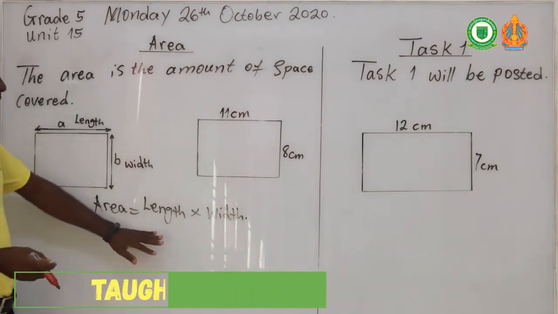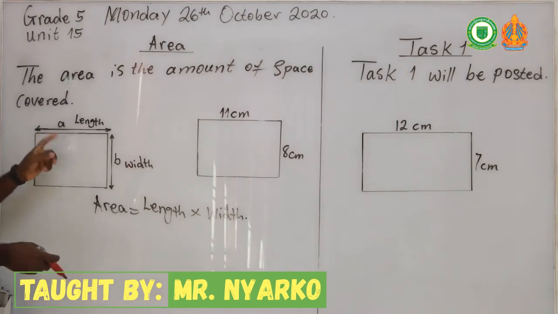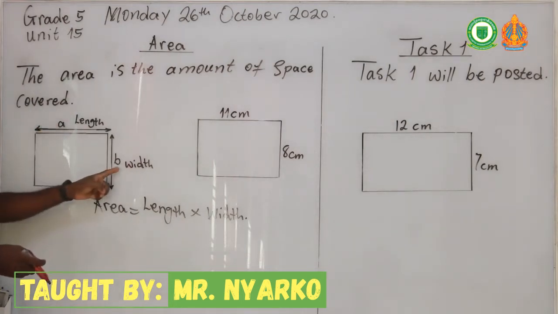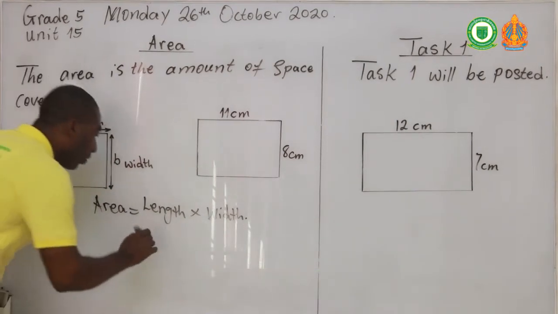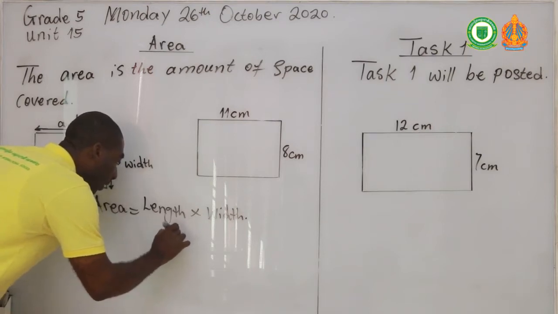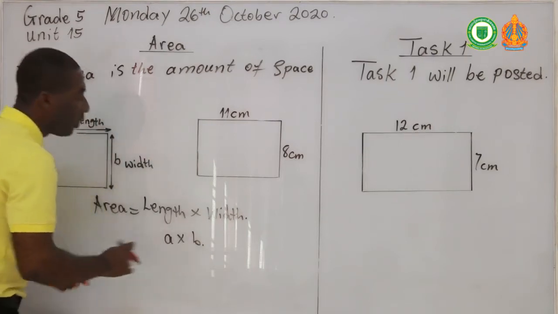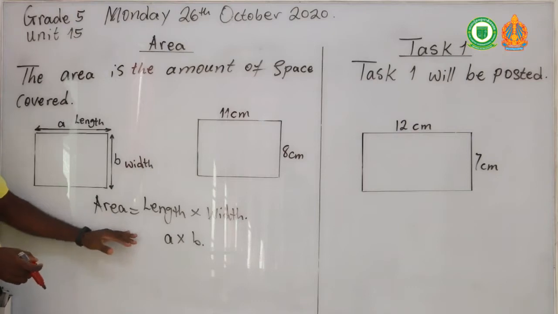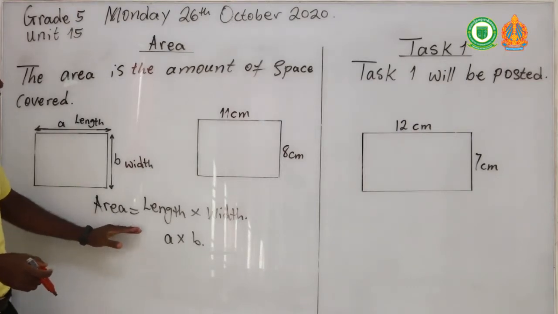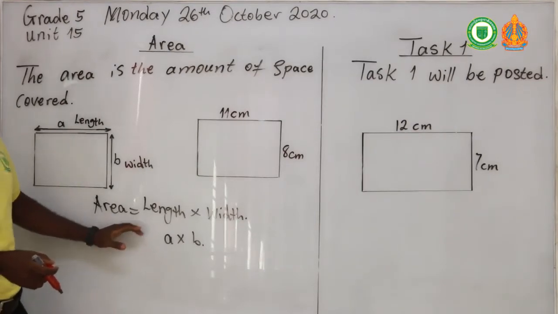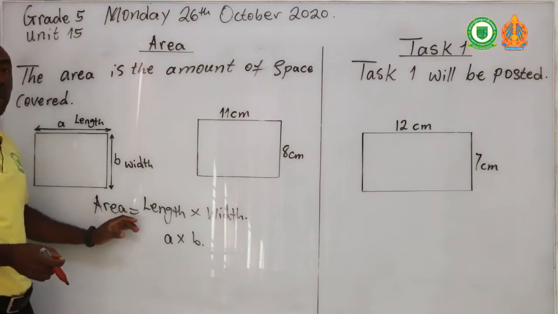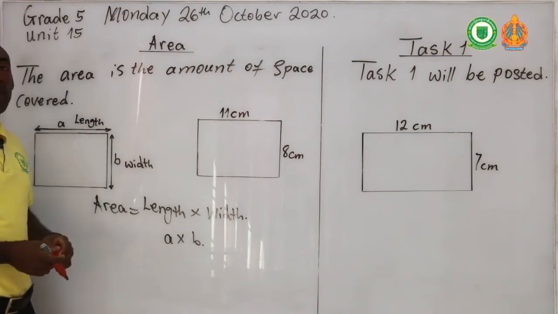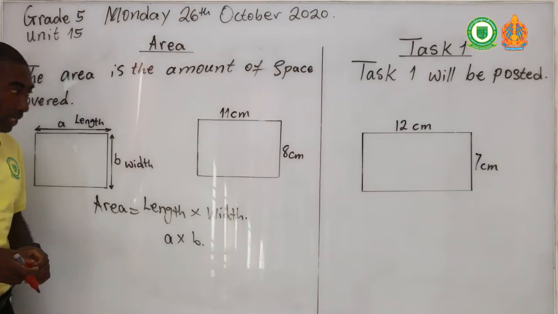If we understand it this way, then it means that if this side is A and here is B, we can also say it is A times B. So this is the formula for looking for the area of any four-sided figure that you deal with.